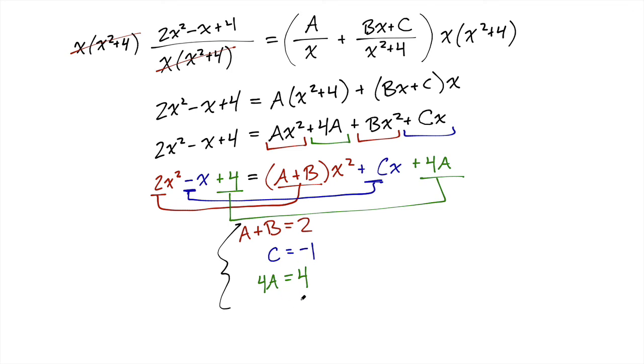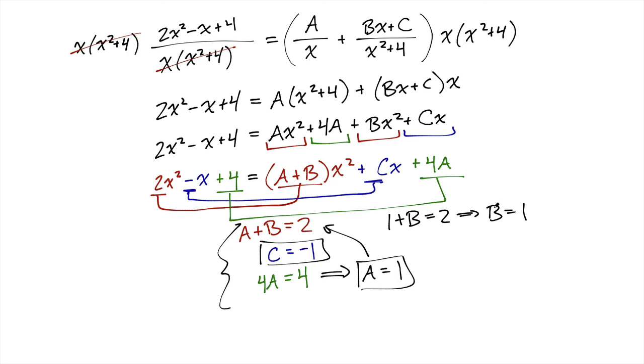And this one is nice and easy. We already know c. We can get a here by dividing by 4, so a equals 1. And then if I plug that into this first equation, I have 1 plus b equals 2, so b is equal to 1. So we know a, b, and c, and we can plug those into our partial fraction decomposition here.